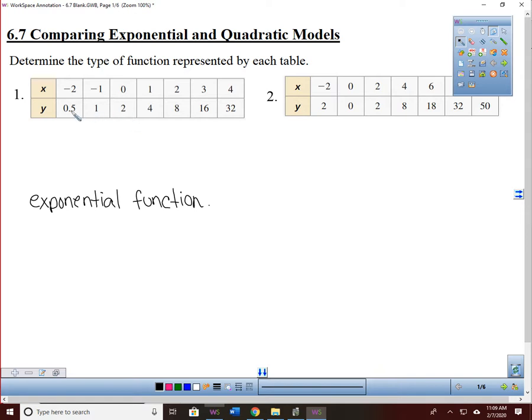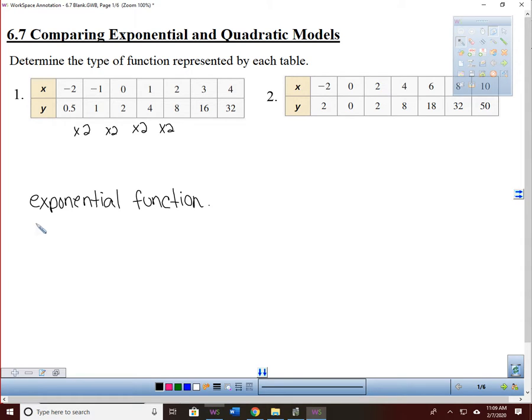So in other words, I've got 1/2 times 2 is 1. 1 times 2 is 2. 2 times 2 is 4. 4 times 2 is 8. Anytime that I have a common ratio among those y values, in other words, I'm multiplying by the same thing, then that makes this exponential.